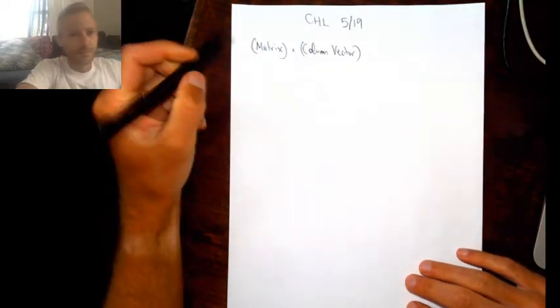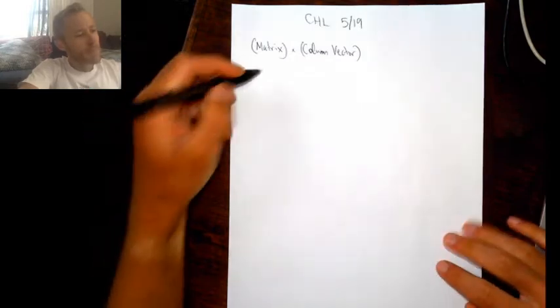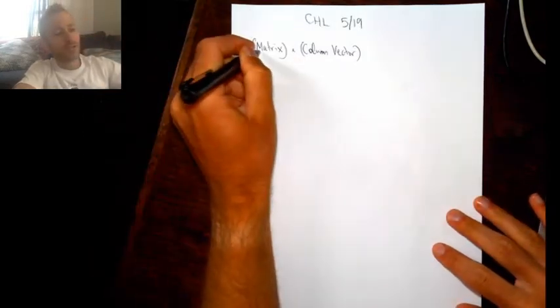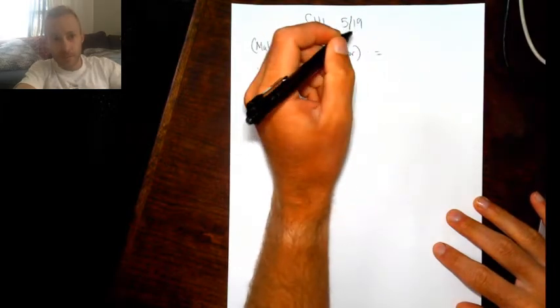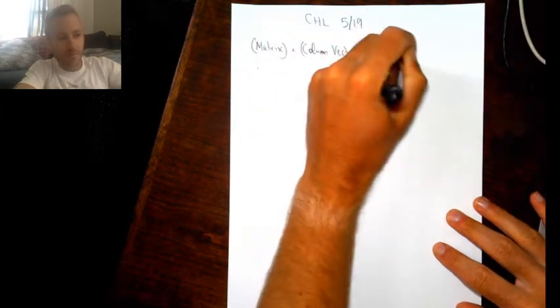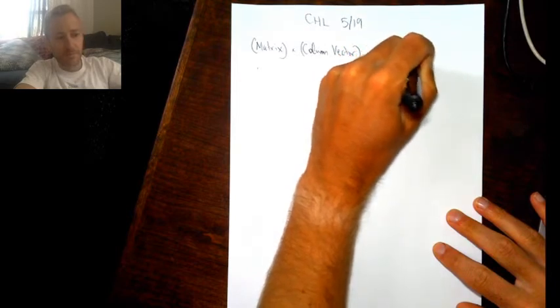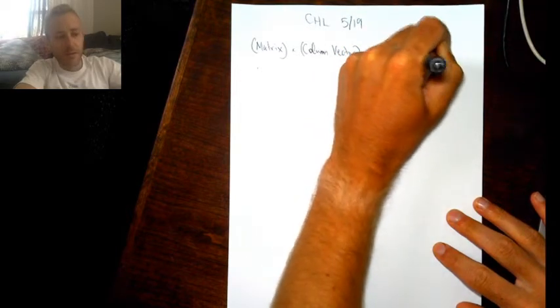When you take a matrix and you multiply it by a column vector, the result is going to be another column vector.